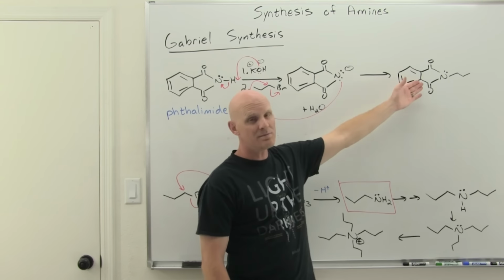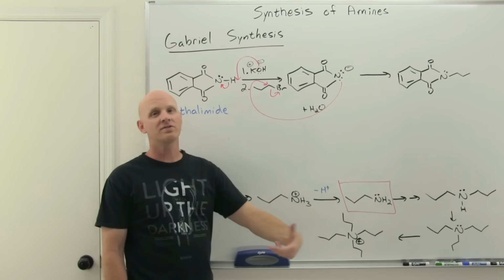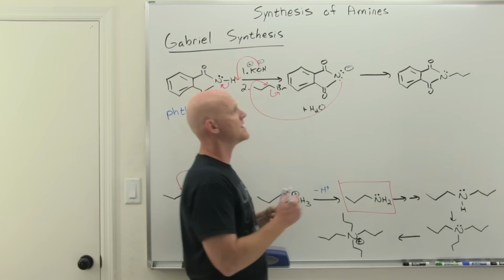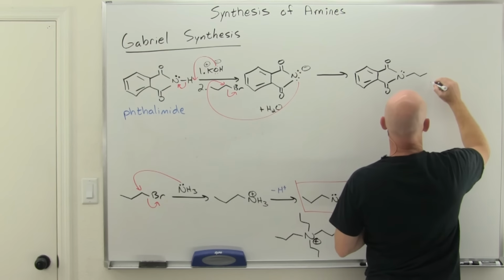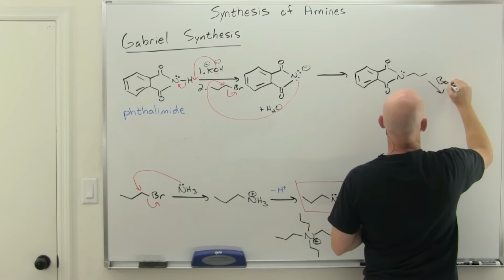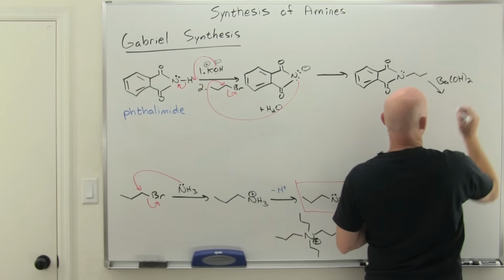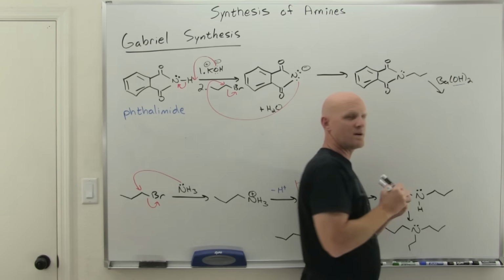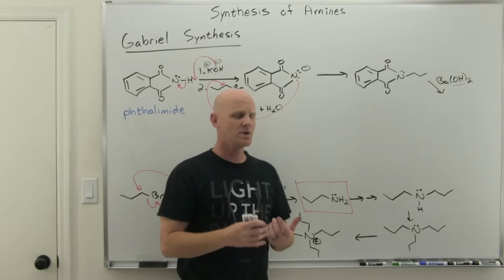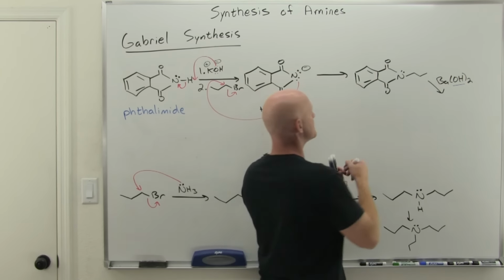And so from here, an imide you can look at as another carboxylic acid derivative. And so we have a couple of different options here. From this stage, we could add barium hydroxide. And the key part here is the hydroxide, a strong base. And just like all those carboxylic acid derivatives, what you're going to do is nucleophilic acyl substitution.